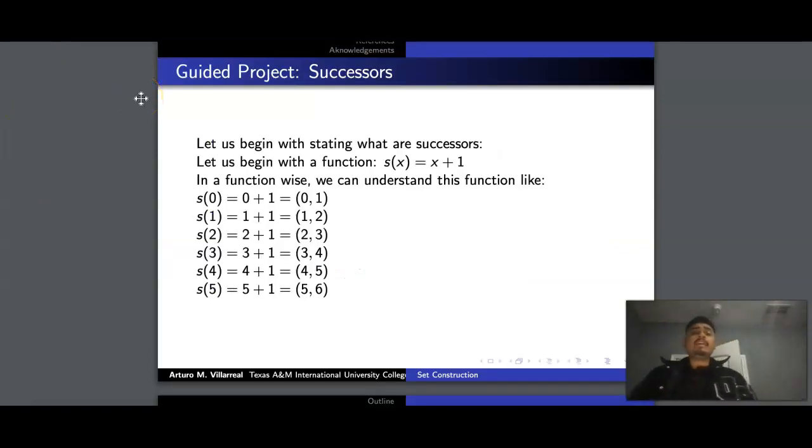Let us go with the idea of successors. Successor is the biggest component for set construction and set theory. Let us consider the function S(x) equals x plus 1. If we plug in 0, we get 1; then we plug in 1, we get 2, because 1 plus 1 is 2; then we plug in 2, we get 3.